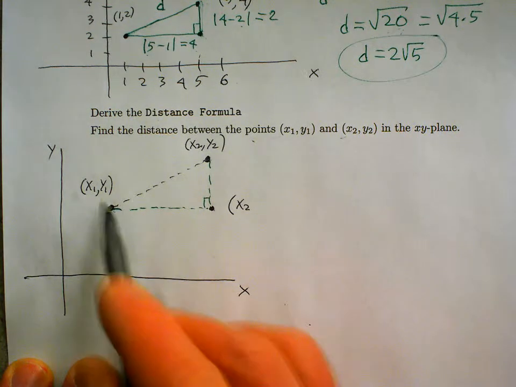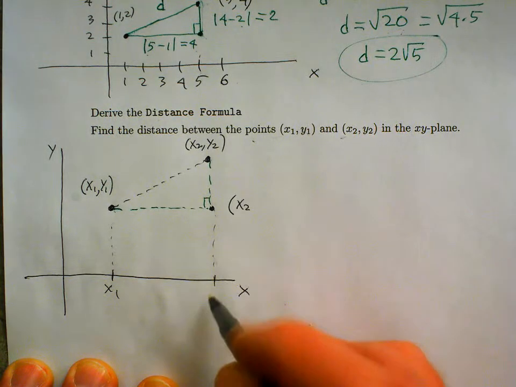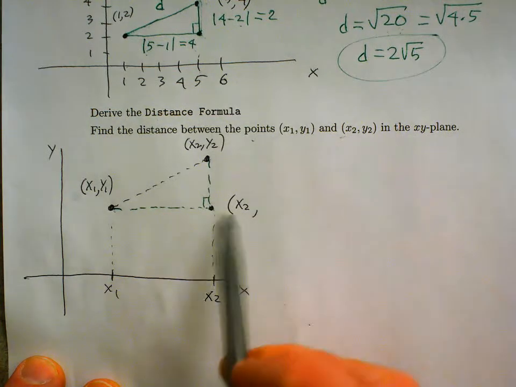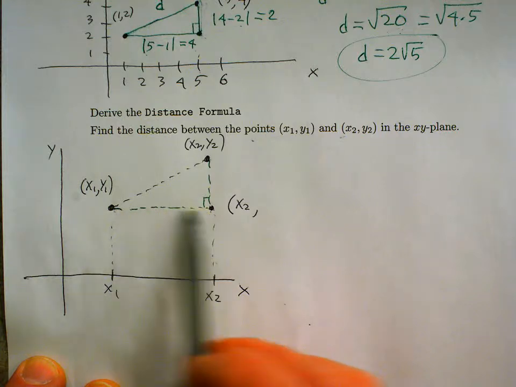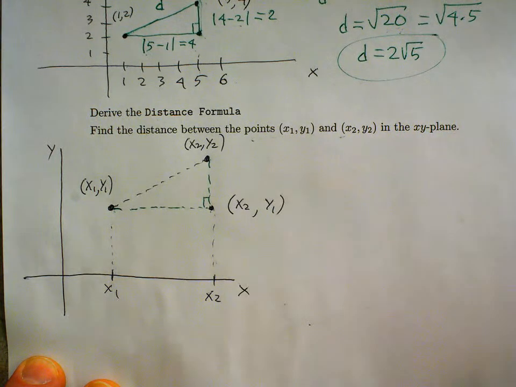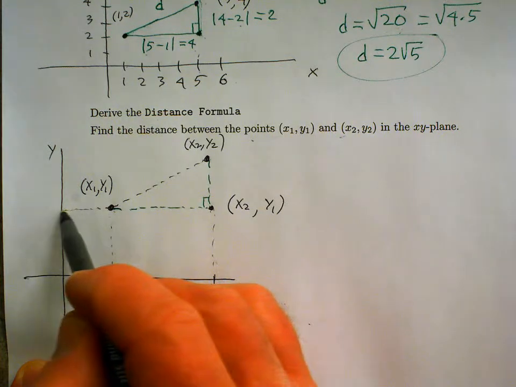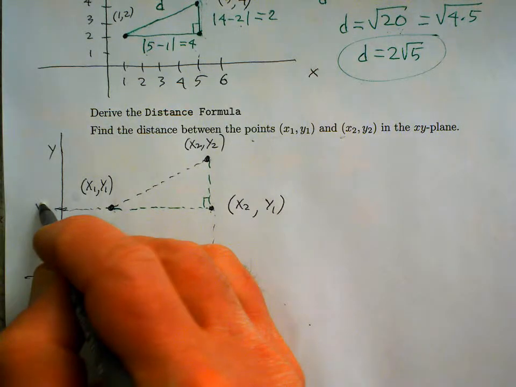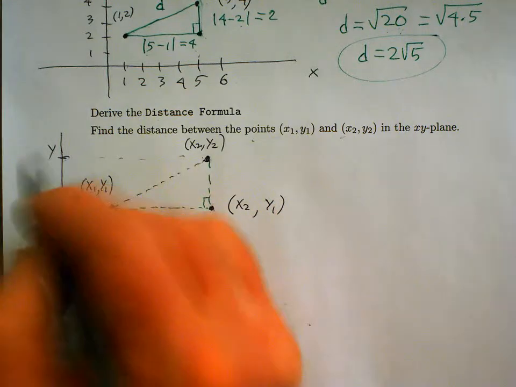So on the x-axis, this is where x1 is, and this is where x2 is. And the y-coordinate of this point is the same as the y-coordinate of the point on the same horizontal line. So the y-coordinate is y1. So on the y-axis, this point is y1, and this point is y2.